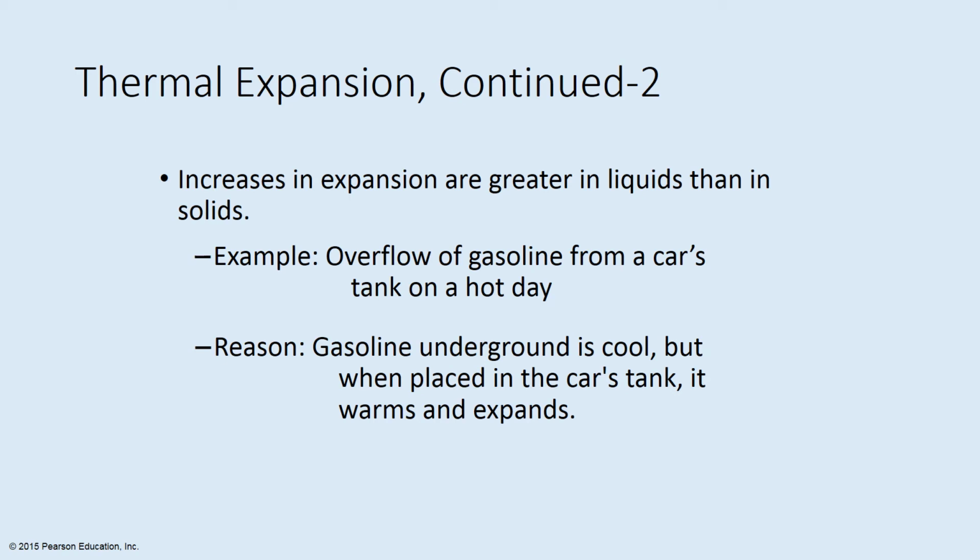So that was the idea, that if you lay this on a hot day, you need to allow some sag of the line to compensate for the contraction that will occur in the winter. Okay, now moving on to this slide, we're looking at another example of thermal expansion.